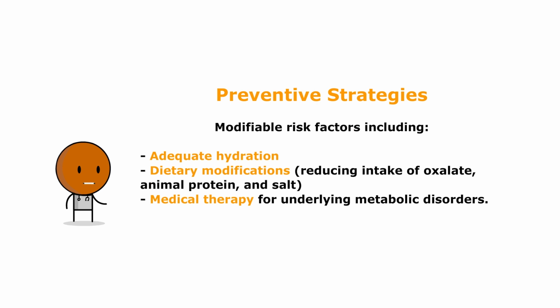Preventive strategies focus on addressing the modifiable risk factors, including adequate hydration, dietary modifications such as reducing intake of oxalate, animal protein, and salt, and medical therapy for underlying metabolic disorders.